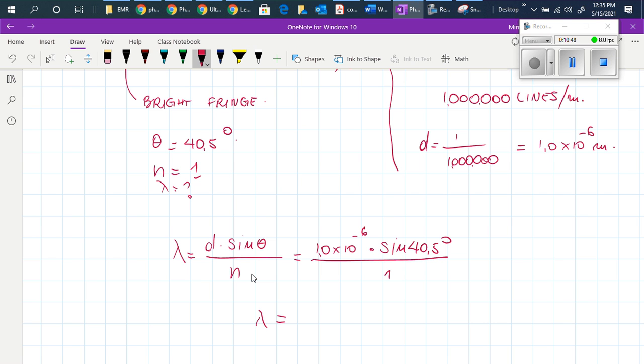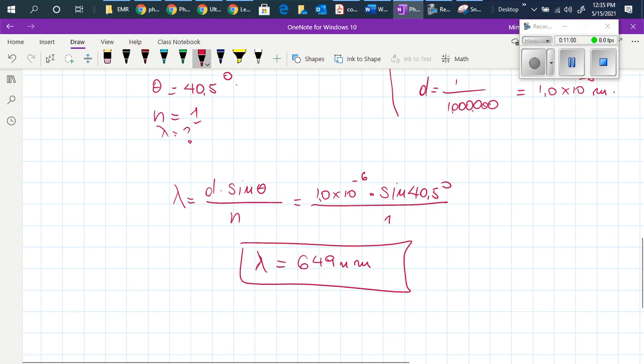So the wavelength is 649 nanometers, or 6.49 times 10 to the power of -7 meters. So always when you have this monochromatic, it means that it is one wavelength.